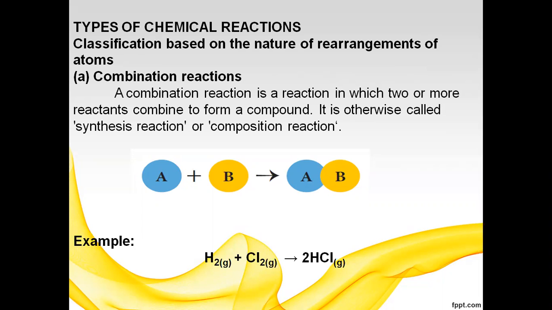For example, hydrogen and chlorine react to form hydrochloric acid. Hydrogen gas and chlorine gas react to form hydrogen chloride gas.